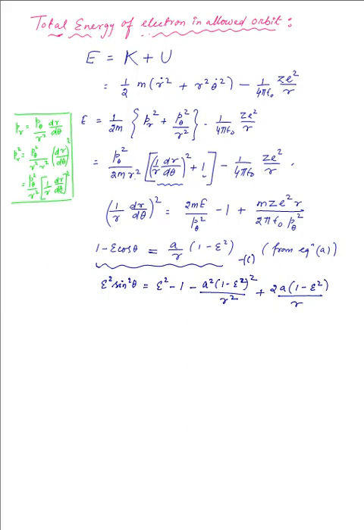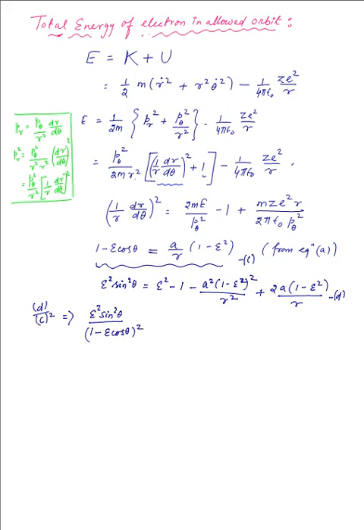Now I take this as equation D, and divide equation D by equation C. What do I end up with? On the left hand side I have e squared sine squared theta divided by 1 minus e cos theta, but hang on a second, I'll take 1 minus e cos theta whole squared.